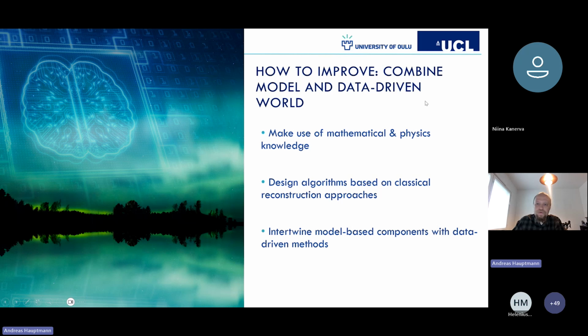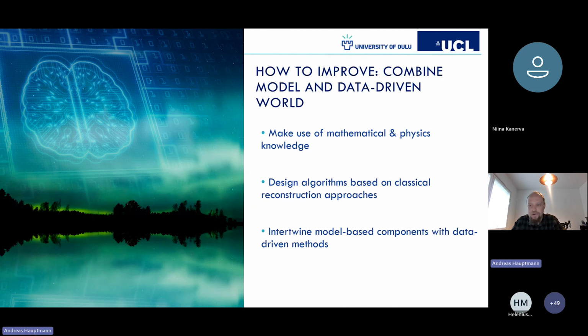But what we want to do is combine our data-driven and model-based regime by including mathematical and physics knowledge into the learning task and design algorithms based on classical reconstructions by intertwining the model-based components with the data-driven methods. So how would we do this?